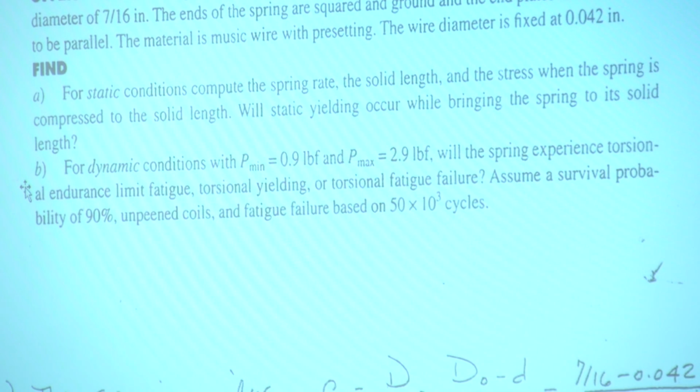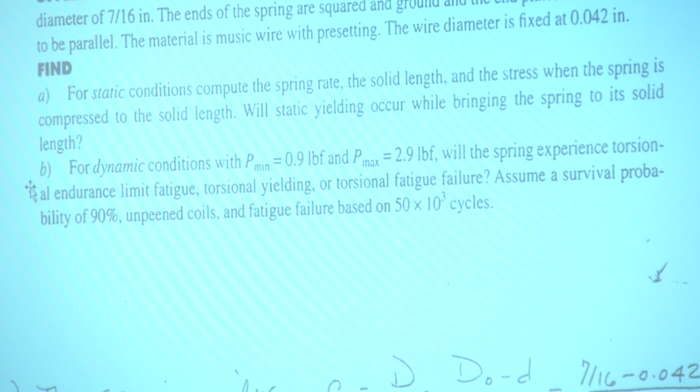In other words, will it have infinite life? Or will it have a specified life? In this case, they specify 50 times 10 to the 3 cycles. But I've done it for both, so you can see both of them. Torsional yielding, static yielding, or torsional fatigue failure. In other words, lack of infinite life.